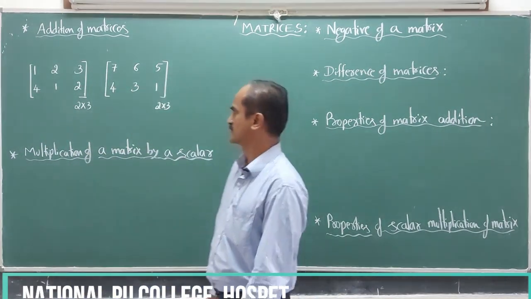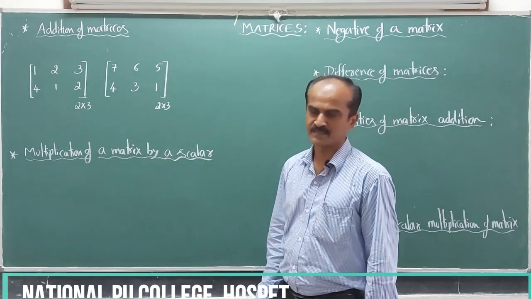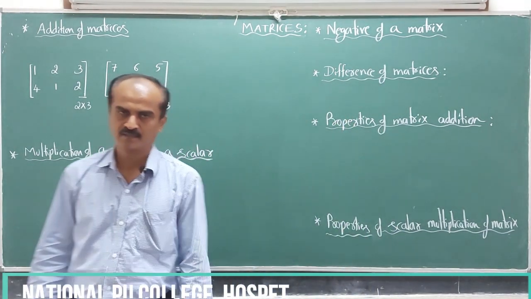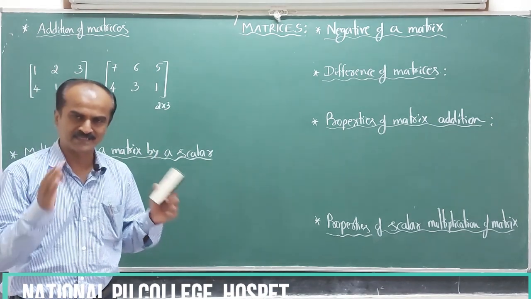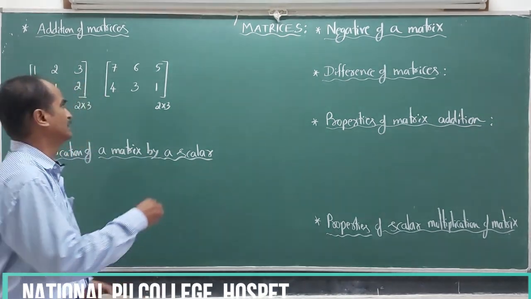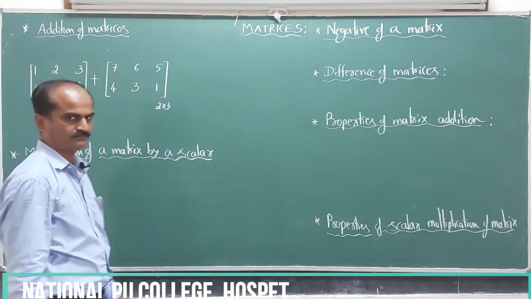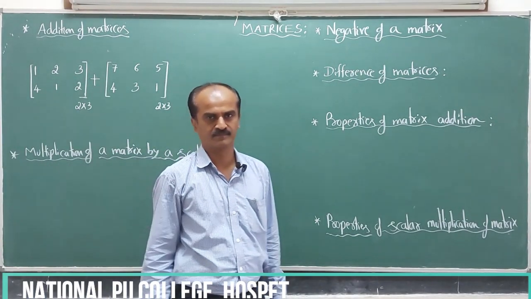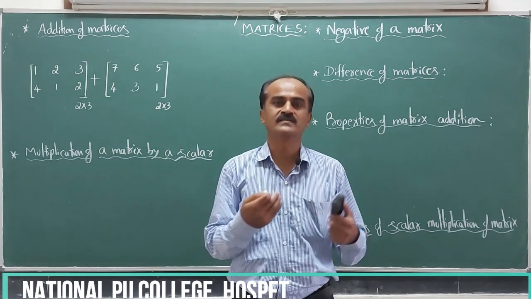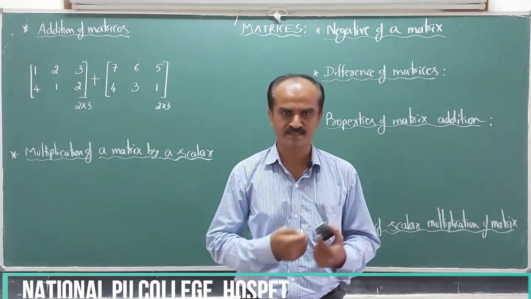Say first matrix is A, second matrix is B. Once the matrices are found to be of the same order, definitely we can add those 2 matrices. Addition is defined. Question is, what is the result? What is the sum of these 2 matrices?